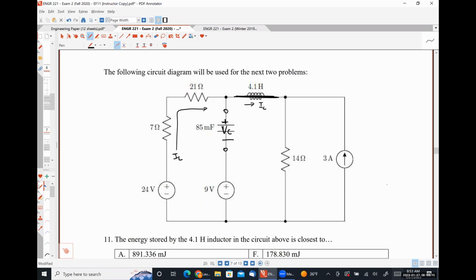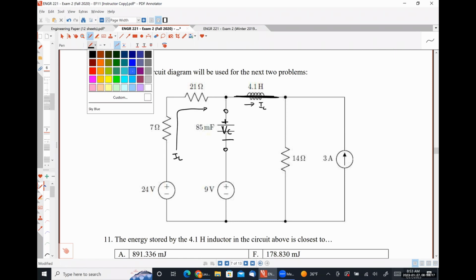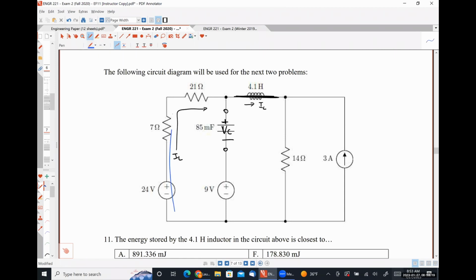So I would write a Kirchhoff's voltage law equation around this loop. You'd have negative 24 volts plus 28 IL plus VC plus 9 volts is equal to 0. Solve for VC, and then 1/2 C V squared gives you the energy stored by the capacitor.